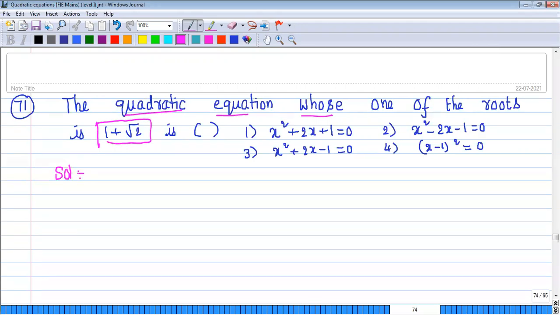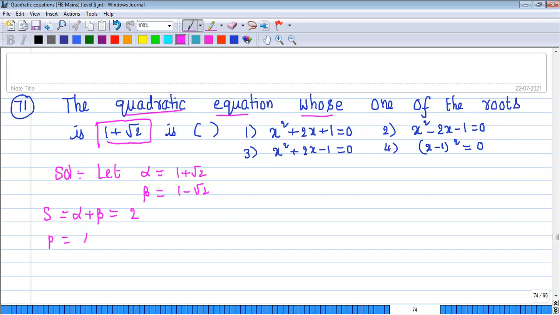Let alpha be equal to root 2 plus 1. Obviously beta becomes root 2 minus 1. First the sum of the roots we need to find out, that is alpha plus beta. Adding these two, better you take 1 plus root 2 and 1 minus root 2 only, so root 2 cancels, this will be 2.